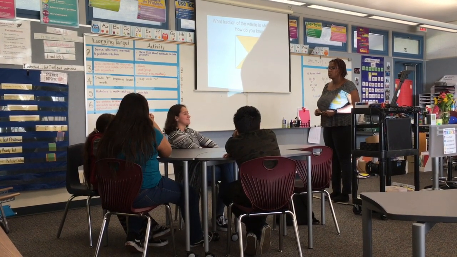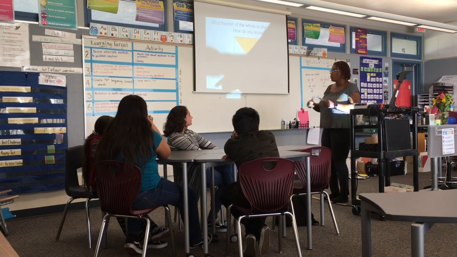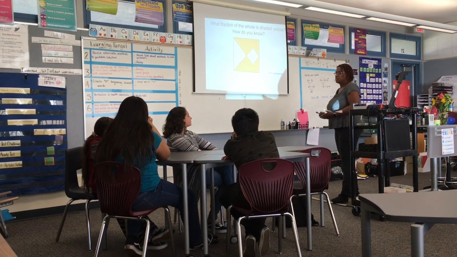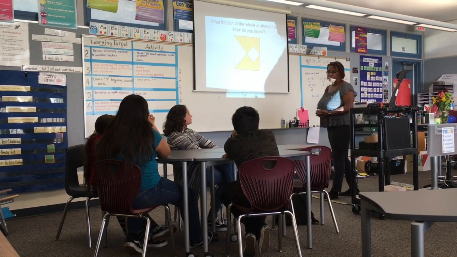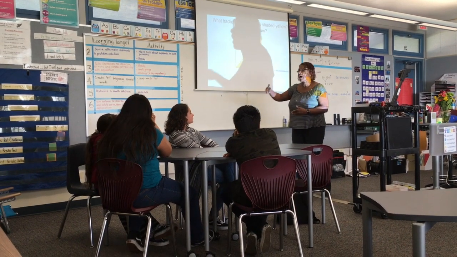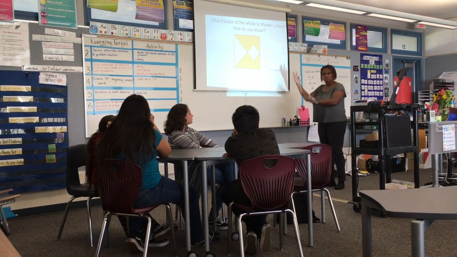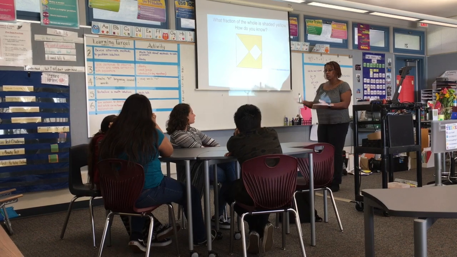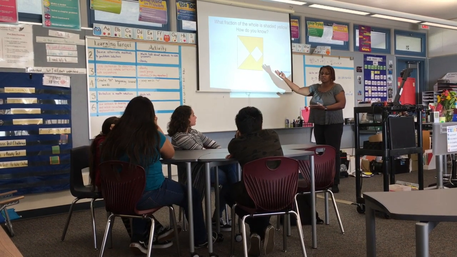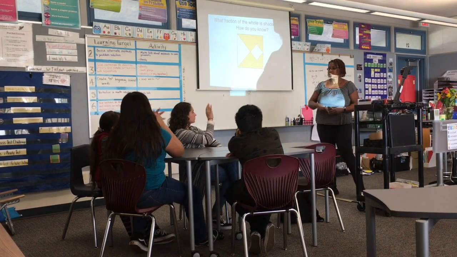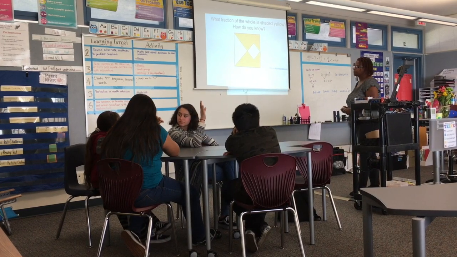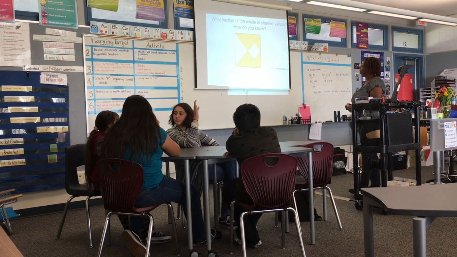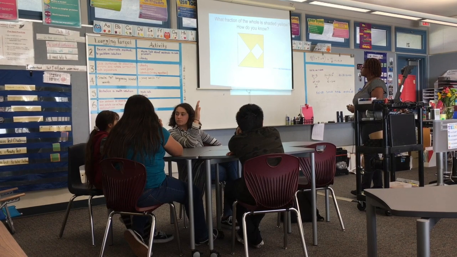Now, how do you know that? How do you know the answer you're giving? What reasoning do you have to support your answer? Give me the evidence that supports your answer. Allison.